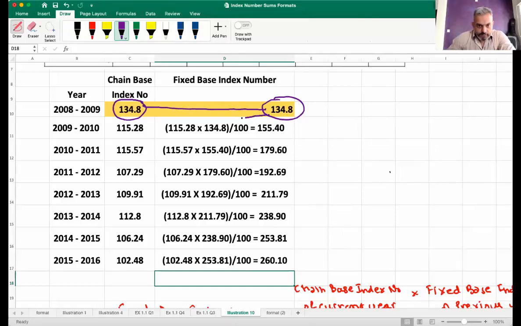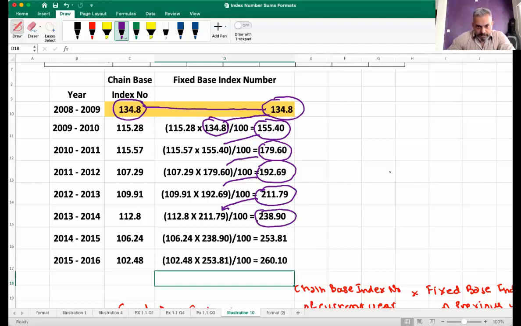Thereafter, it will be used over here because it is the FBI of the previous year: for year 9-10, then 10-11, this 155.40 over here, then 179.60 over here, then 192.69, then 211.79, then 238.90, and 253.81 over here.